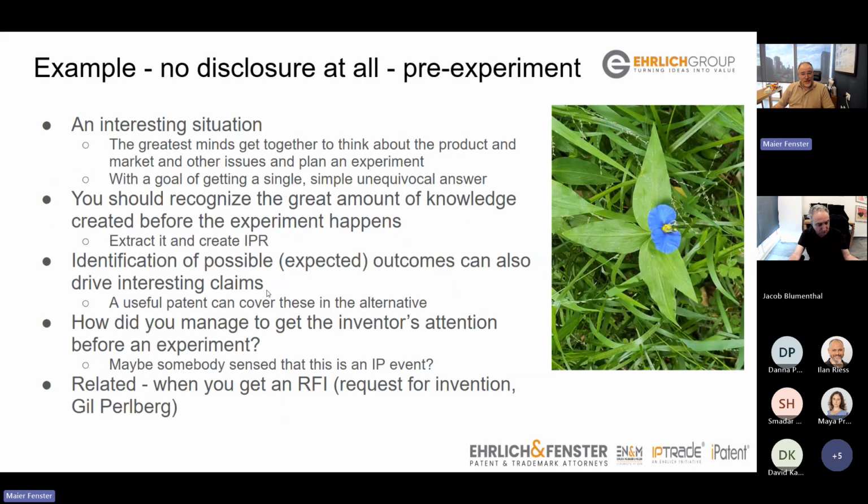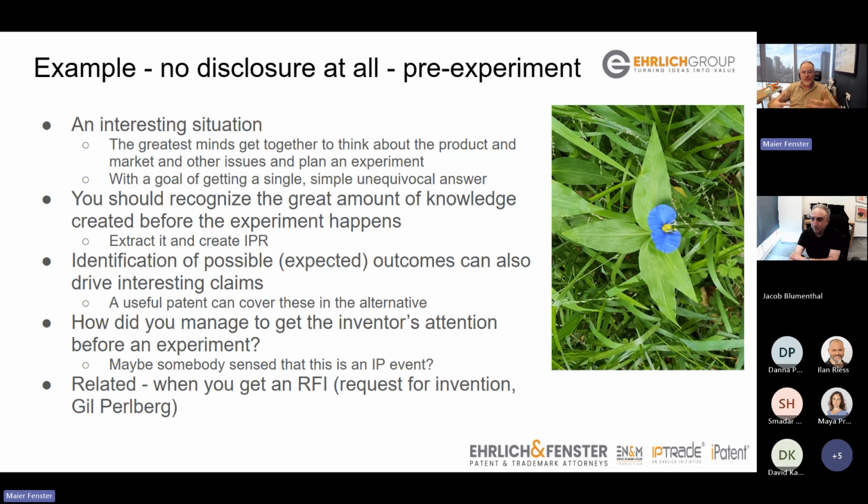And here's another possibility. You don't have any disclosure at all. Maybe you're about to do an experiment. So here's how you should look at it. The greatest minds are getting together to put together an experiment which will give them a simple and clear answer. They spend hours, days, weeks talking about how they should do the experiment.